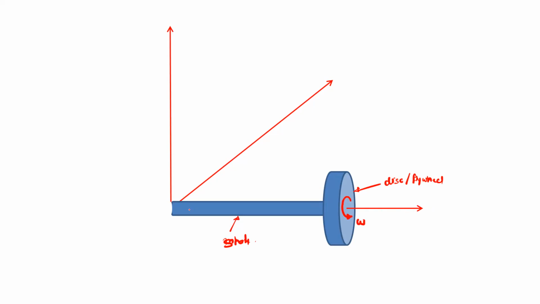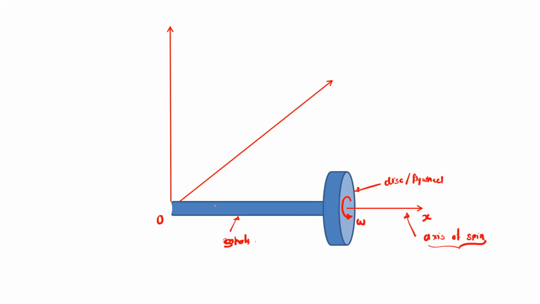Let us take this point as O. So this is OX, and this is called the axis of spin. Axis of spin means the disc mounted on the shaft is freely rotating about this axis.